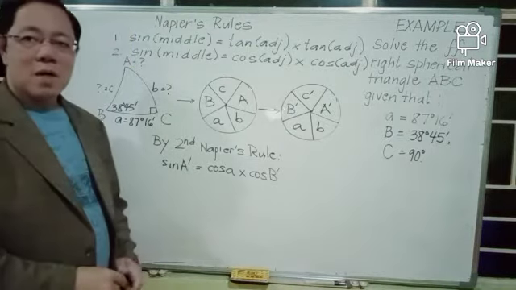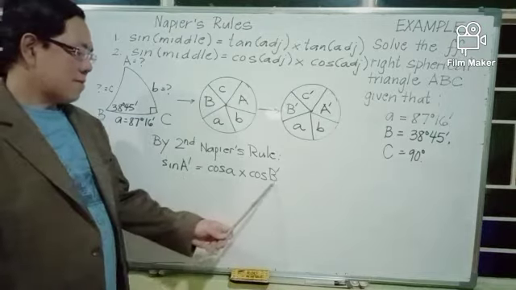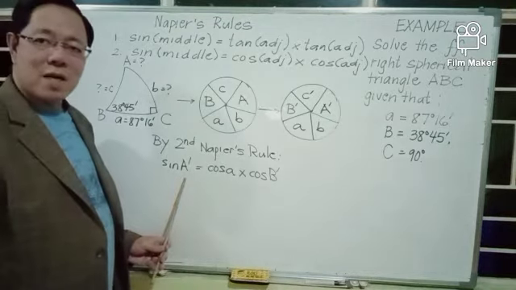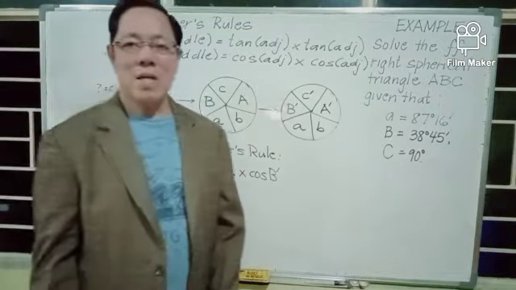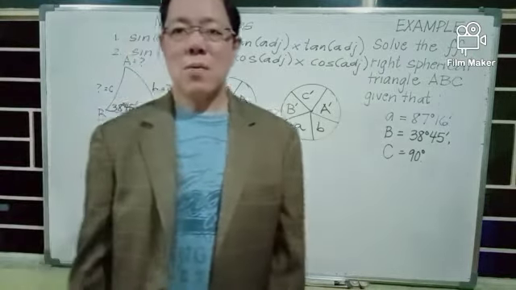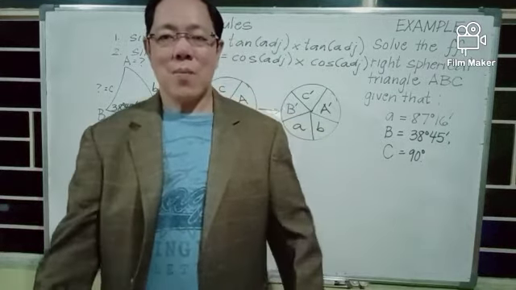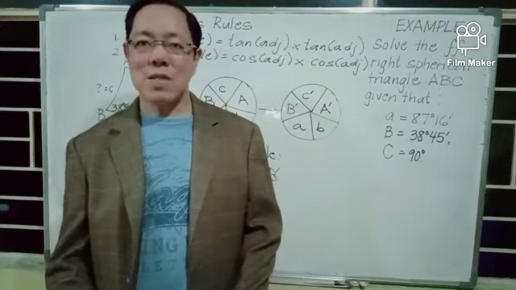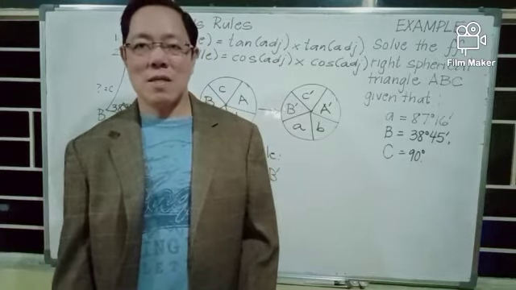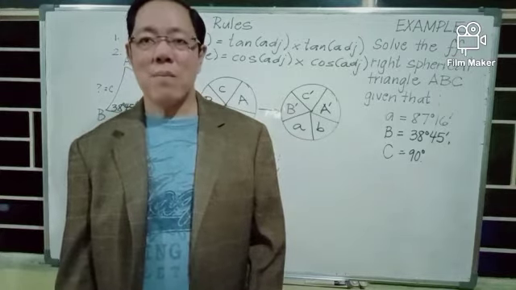Now, to remove the complement from sine A prime and cosine B prime, we apply the complement angle theorem, which we have stated before. The complement angle theorem states that the trigonometric function of an angle is equal to the cofunction of the complement of the angle.